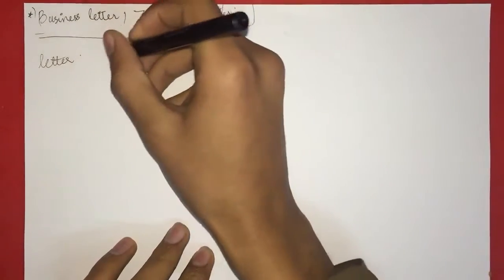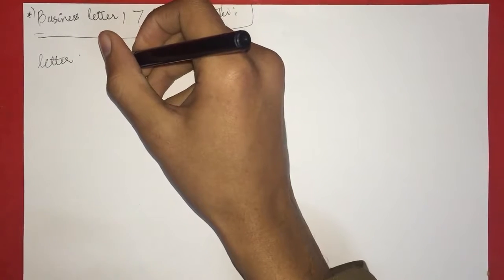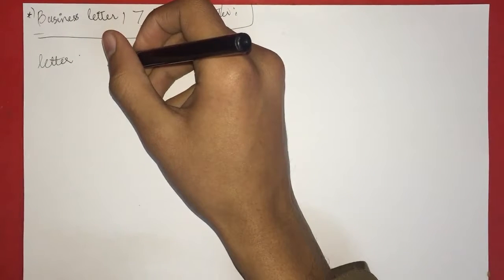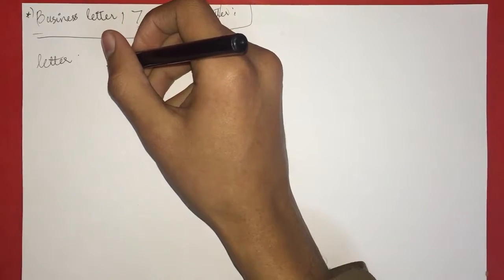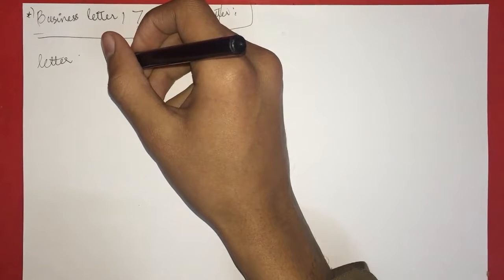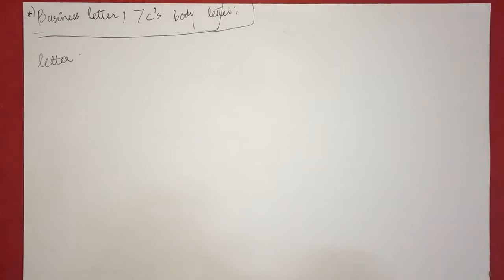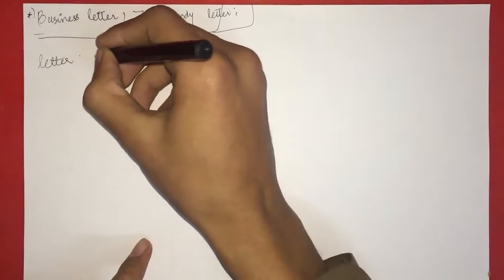A letter is basically a printed document or a handwritten document which is from a person or organization to a person or organization, and it conveys some idea, and it conveys some meaning, and it's always through a post.